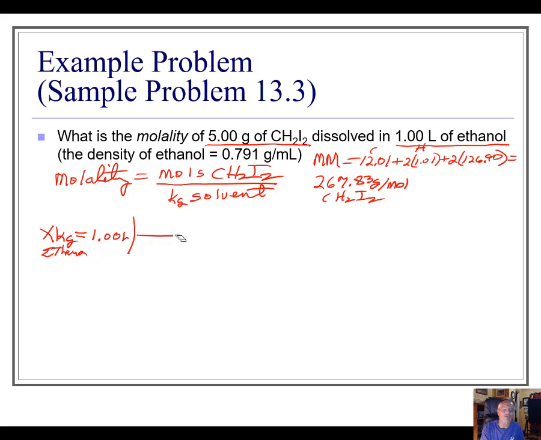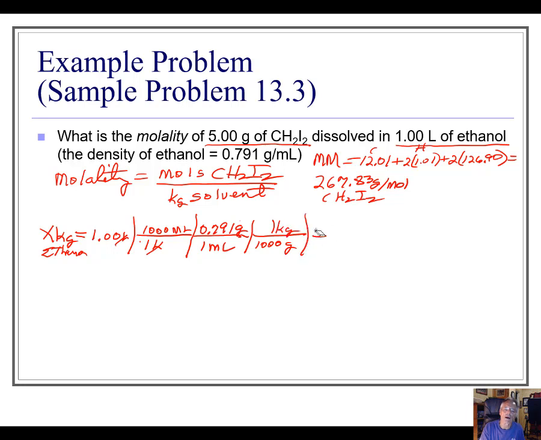We're going to use density, but the density is in grams per mL, so we need to take our 1 liter of ethanol and convert it to milliliters, and we do that by multiplying times 1,000. That'll cause the liters to cancel. We're now in milliliters, and then we've got 1 milliliter is equal to 0.791 grams, and then there are 1,000 grams in 1 kilogram.